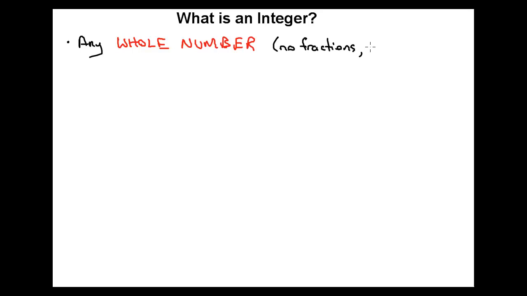So what are integers? An integer is any whole number, and whole just means that it is not a fraction or a decimal. So no fractions and no decimals.